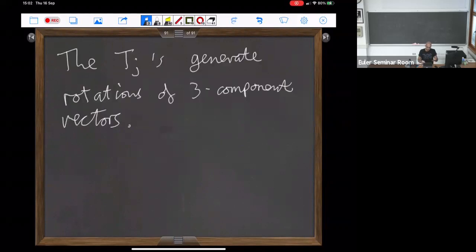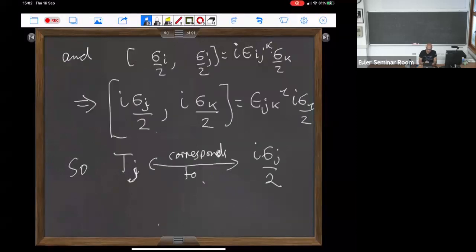Now, in the way we derived the three-dimensional representation before, we were thinking of it geometrically as rotations in three-dimensional space, or more generally on just some three-component vectors. But we've got this other representation, which is now two-dimensional.